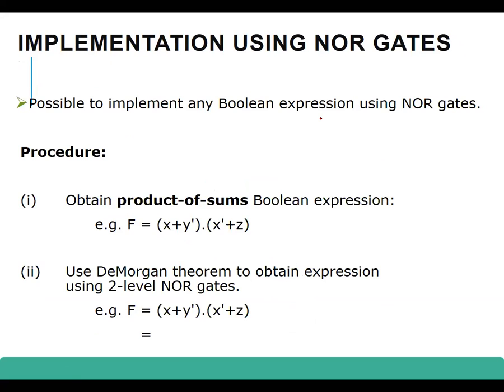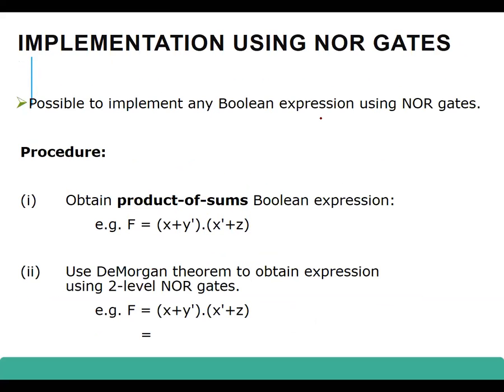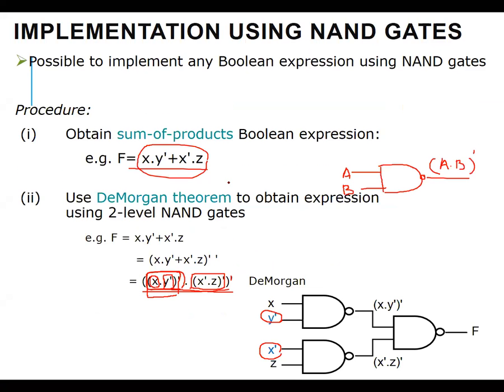Okay, now let's go how you can implement using NOR gates only. So when you are implementing using NOR gates, the procedure is you have to obtain the product of sums form. If you compare this with when you implement using a NAND gate, you have to write it as a sum of products form.